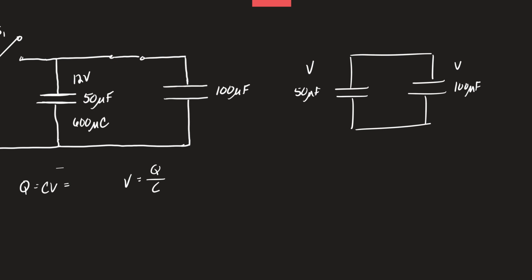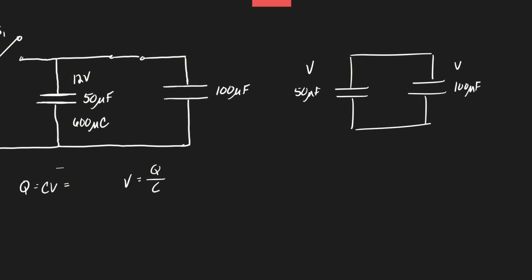And from the argument I just made, I think you would have to surmise that it's less than 12 volts. It would have to be less than 12 volts because charge is going to leave the 50 microfarad capacitor. And if charge leaves the 50 microfarad capacitor, its potential difference goes down. Now here's the part that I think might be hard for you guys to put together, even though it's not new. In this portion of the circuit, after switch one is open, that whole section is isolated, which means we can get no new charges from the battery.